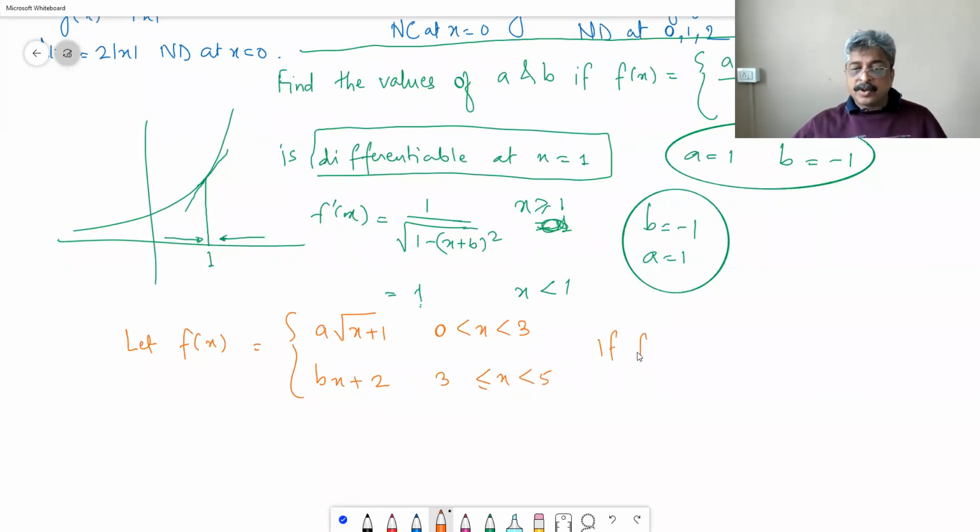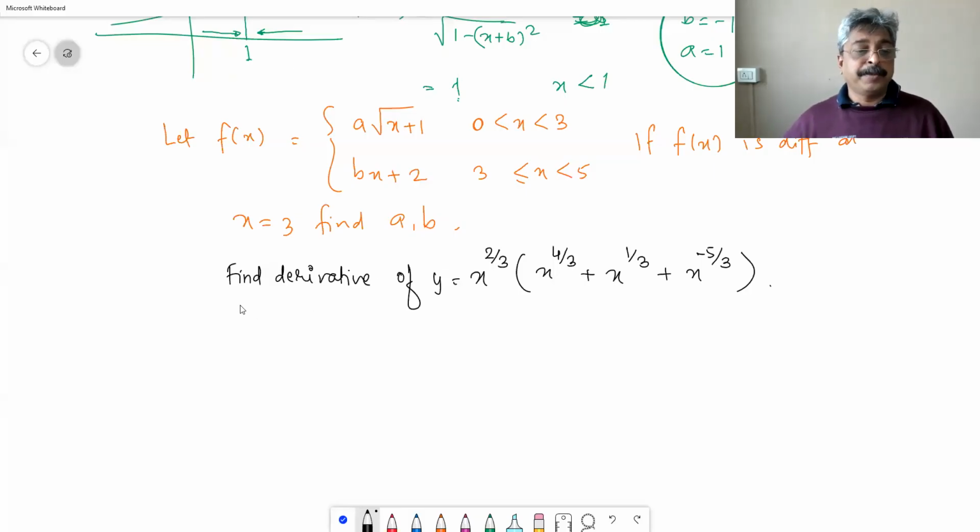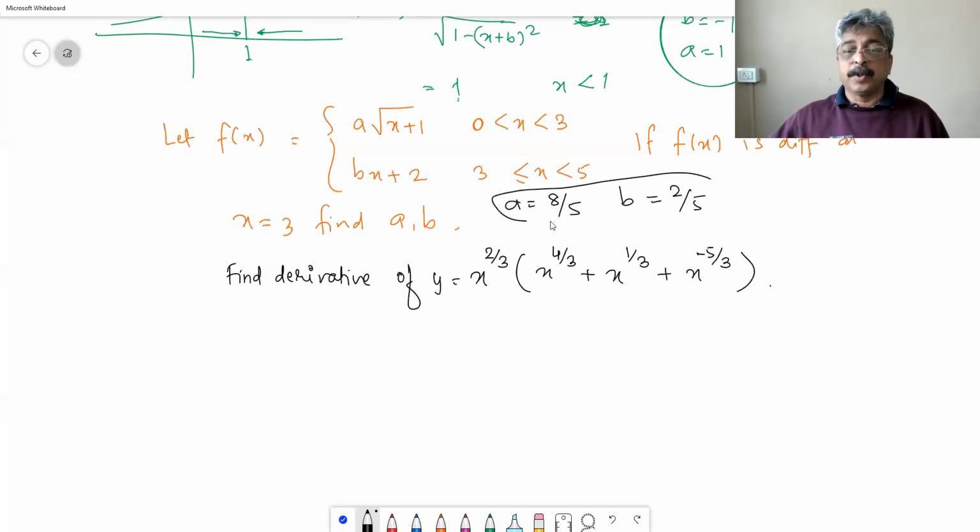If f of x is differentiable at x is equal to 3, find a comma b. Correct. Value of a is 8/5 and value of b is 2/5 in the earlier problem.